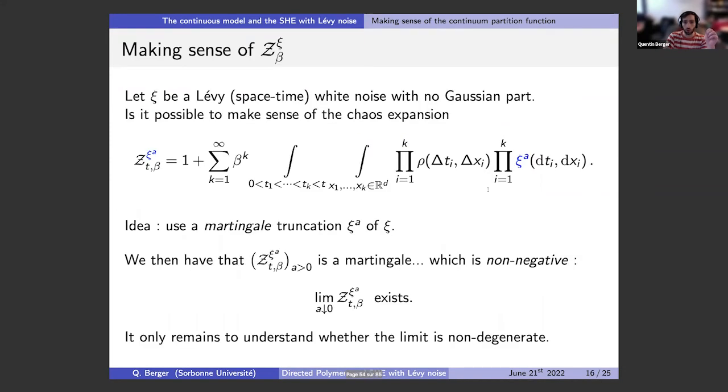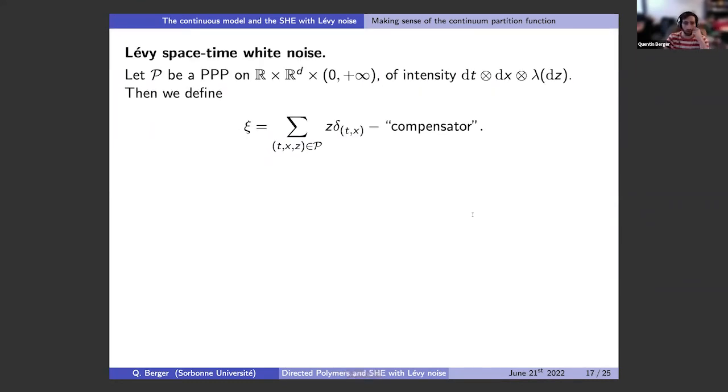I will conclude by saying how we truncate the noise, and how you construct the Lévy noise, because I think it's interesting, and it's a good thing to have seen. So how do you construct a Lévy space-time white noise?